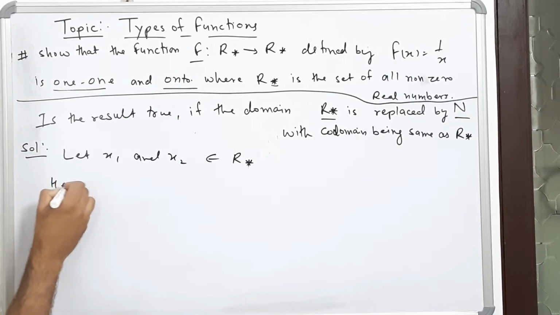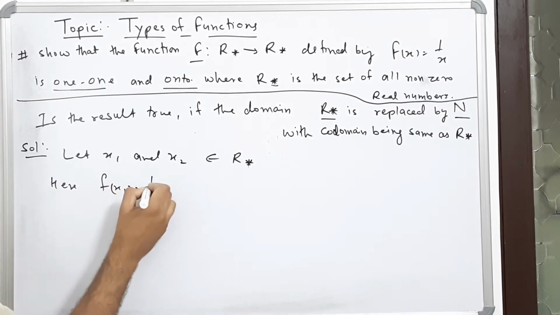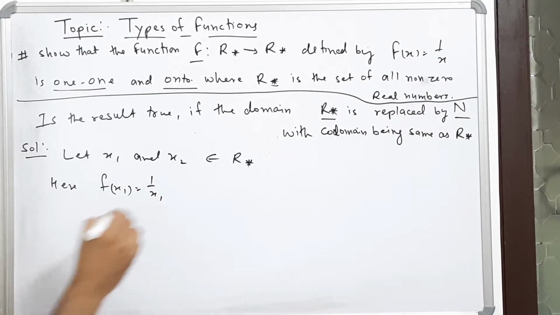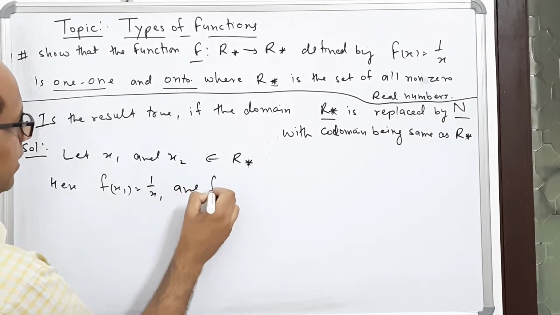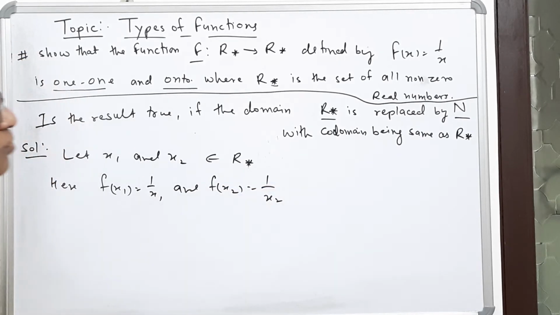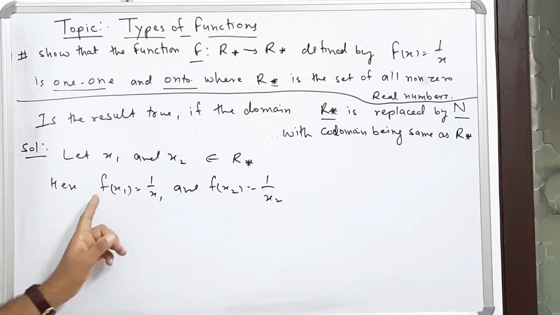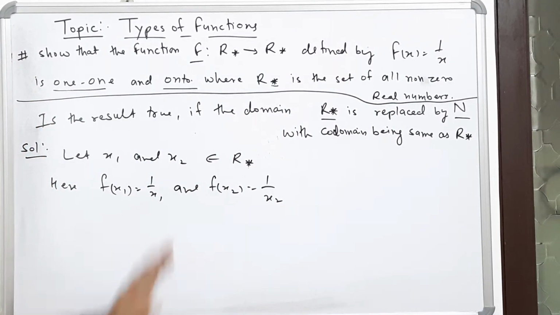Then here f(x1) will be 1/x1 and f(x2) will be 1/x2. Please see this now, because f(x) is 1/x. So f(x1) is 1/x1 and f(x2) is 1/x2.